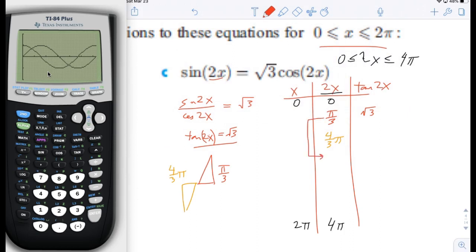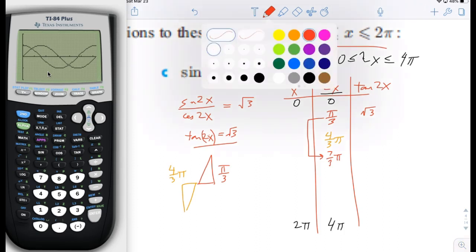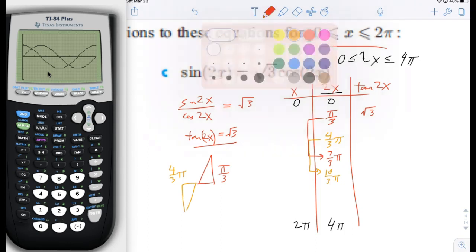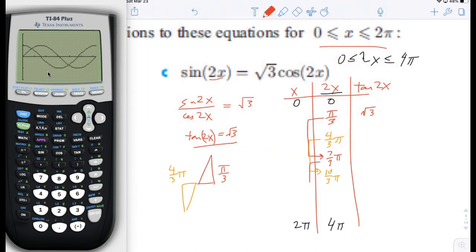If we add 2 pi to pi over 3, that would be 6/3 plus 1/3 equals 7/3 pi. If we add 2 pi to 4/3 pi, that would be 4/3 plus 6/3 equals 10/3 pi. And if I add 6/3 to 7/3, that would give me 13/3 pi. 13/3 is slightly above 4, so that's too much.